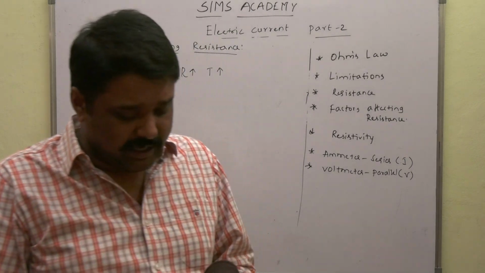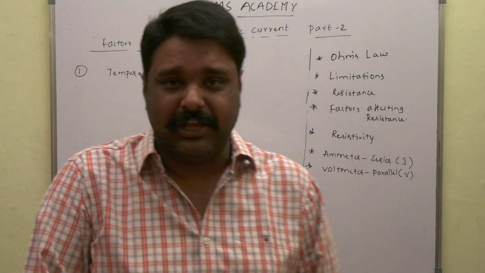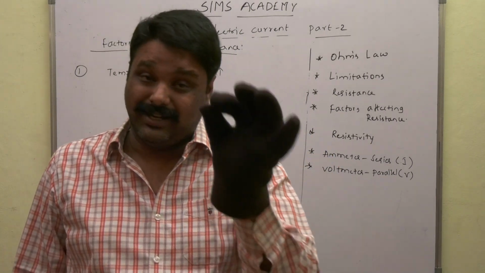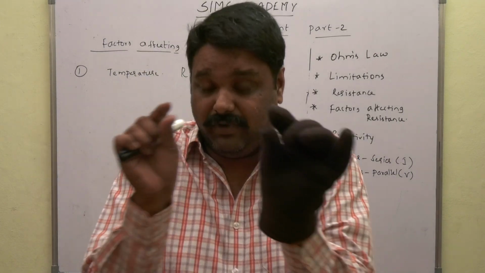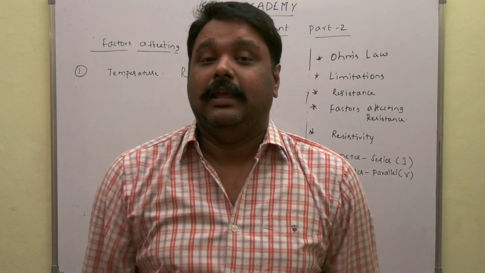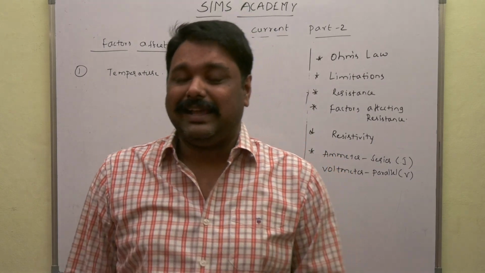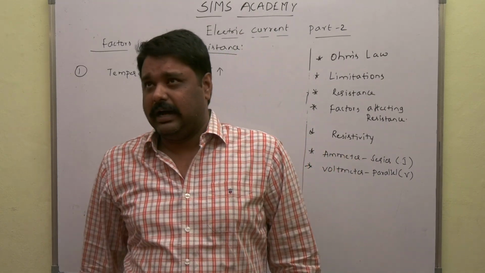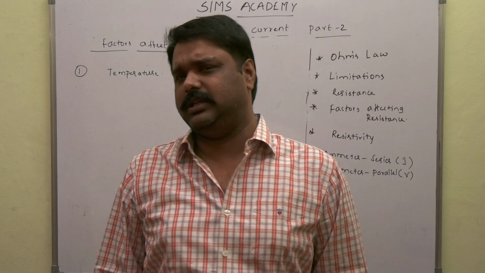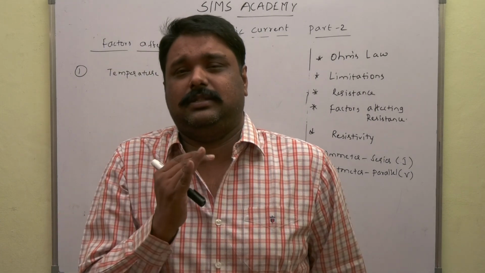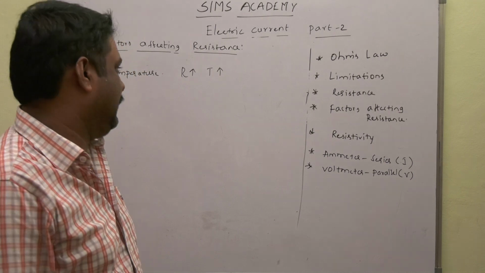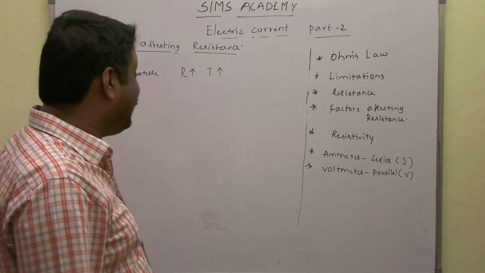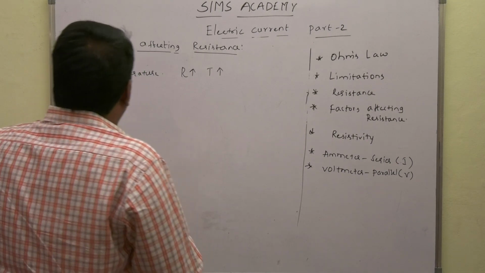And in case of semiconductors like germanium, as temperature increases, the resistance decreases. This is a very important thing we need to keep in our mind. If the temperature of the germanium increases, its resistance decreases because it is a semiconductor. Hence, we use those semiconductors for making LEDs, ICs, integrated circuits, etc.